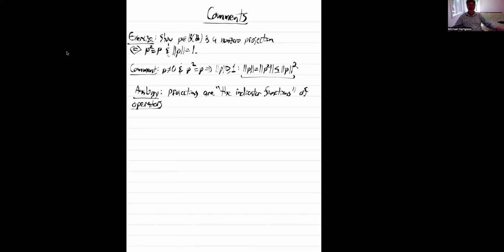You want to think of them like characteristic functions or indicator functions. One way to see this, as an example for you to work through, is that if X, mu is a measure space, and Y is a subset of X, and we'll say that the measure of Y is not zero, so as a measurable subset, the measure of Y is bigger than zero.